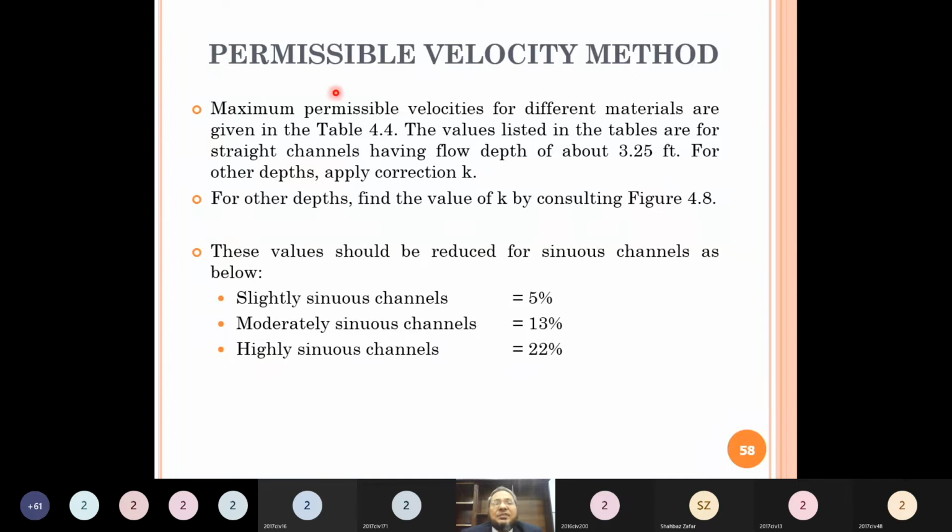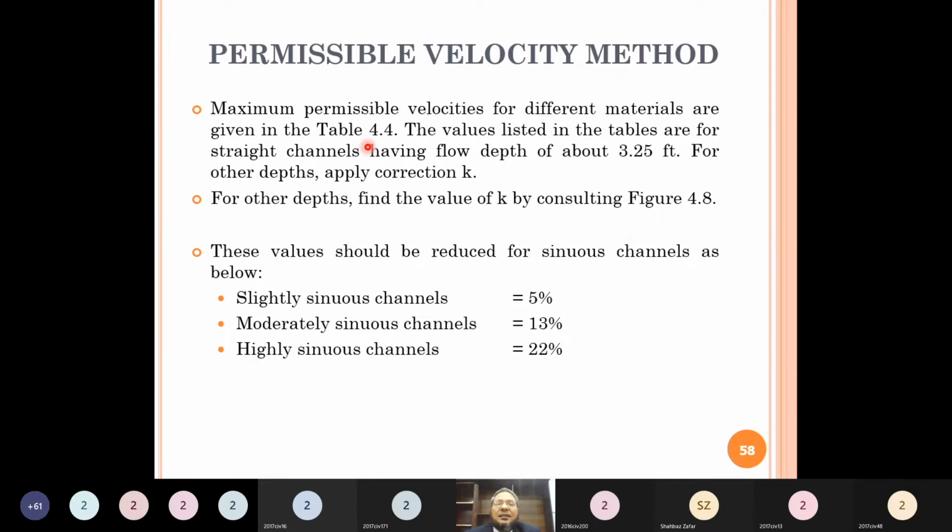From where do we see the maximum permissible velocities for different materials? Those are given in Table 4.4 of your textbook, Irrigation and Hydraulic Structures by Dr. Iqbal.